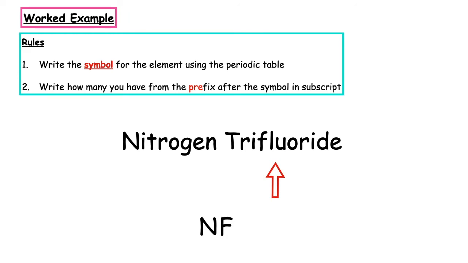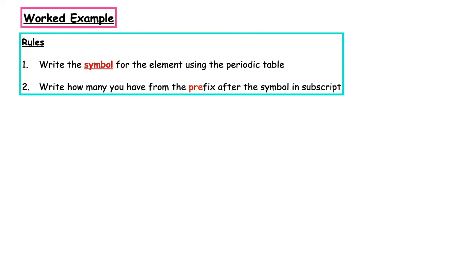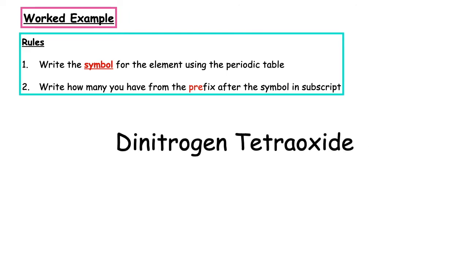The symbol for that is F. The prefix is tri, which means that we have 3 of those. So the formula for nitrogen trifluoride is NF3.